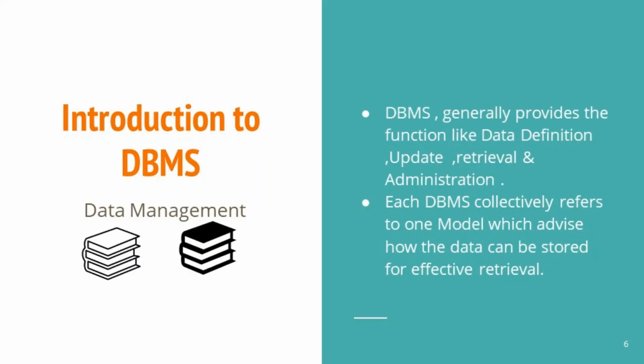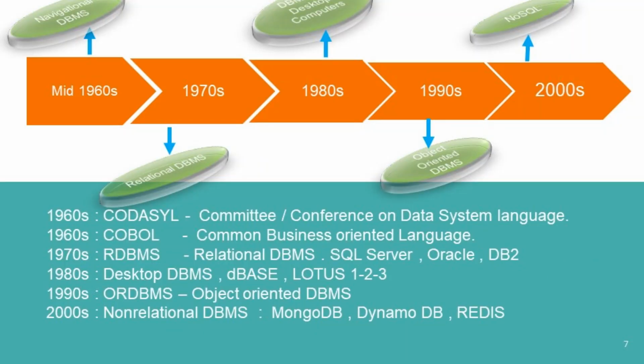For example, navigational DBs store the data in one particular pattern, RDBMS software like Oracle, DB2, MySQL store the data in another pattern, and non-relational DBs like MongoDB, DynamoDB have their own pattern to store the data. This can be discussed in a later section anyway. Now, shall we look into the timeline of the database system?